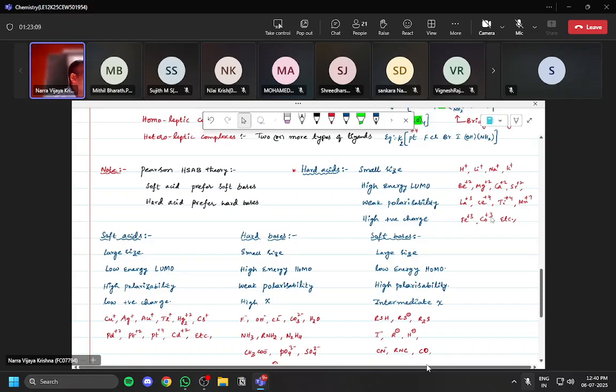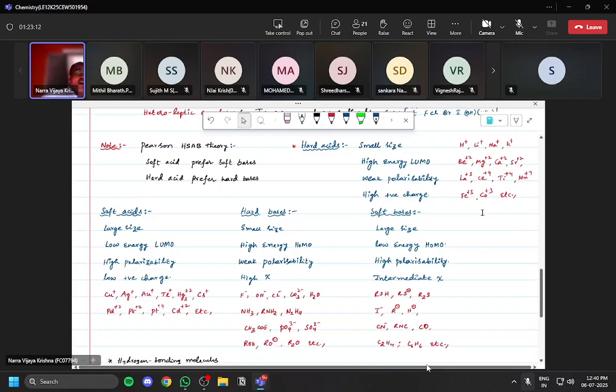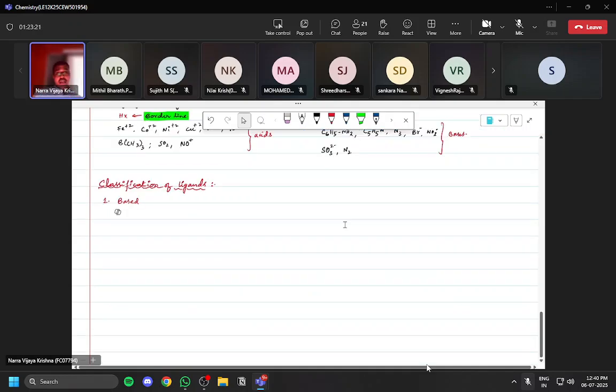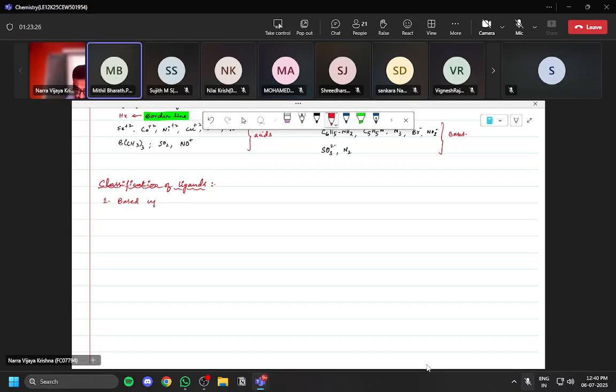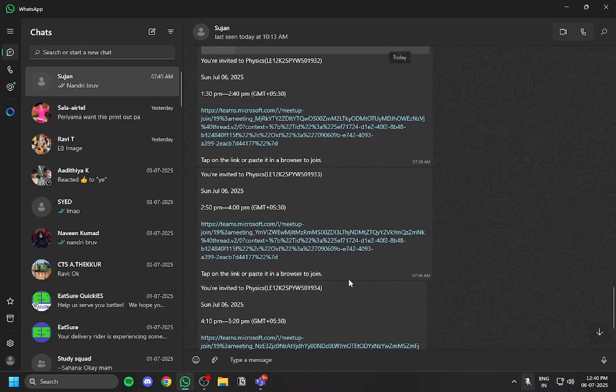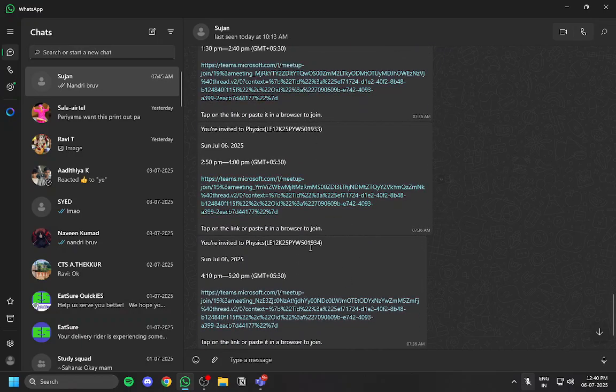I have not written it. Copper plus 2 complexes with ammonia are stable. In that way, we can write. It gives one idea. That's all. Now coming to next, classification of ligands based upon charge of ligand. First, regarding positively charged ligands.